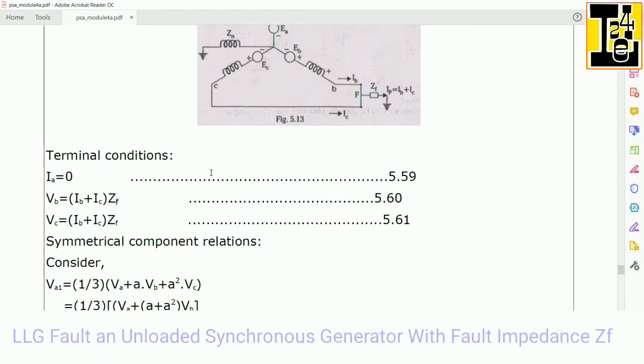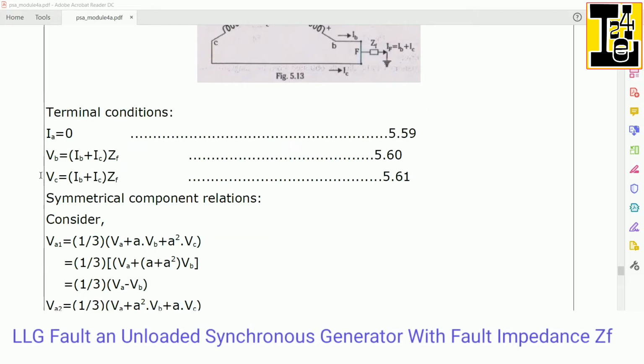You can observe the phase voltage over here is the current IB plus IC into ZF, as well as VC is also equal to the fault current (IB plus IC) into ZF. These are the three terminal conditions.